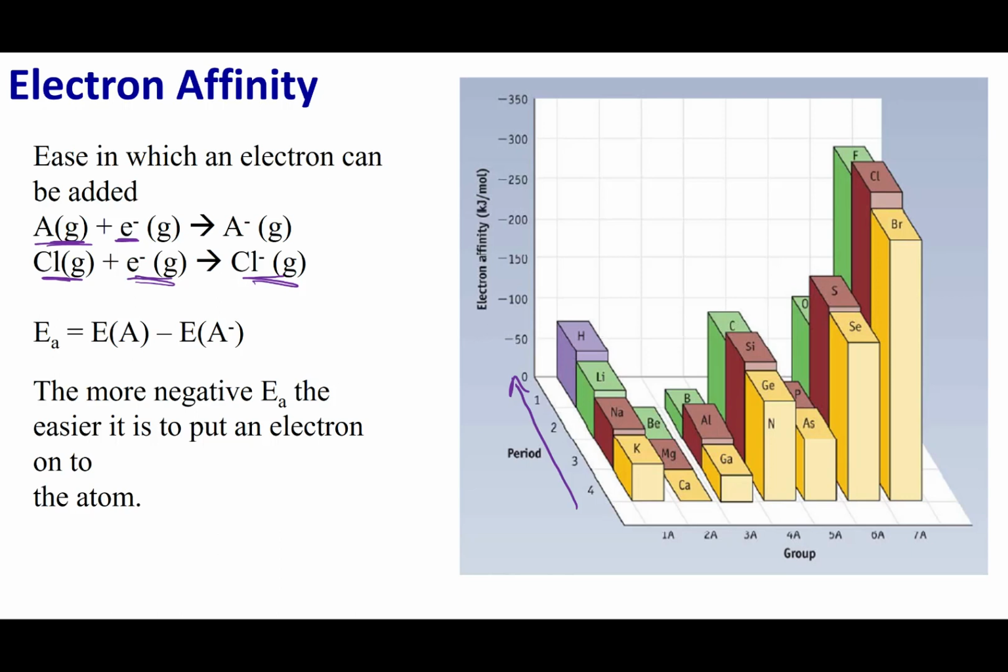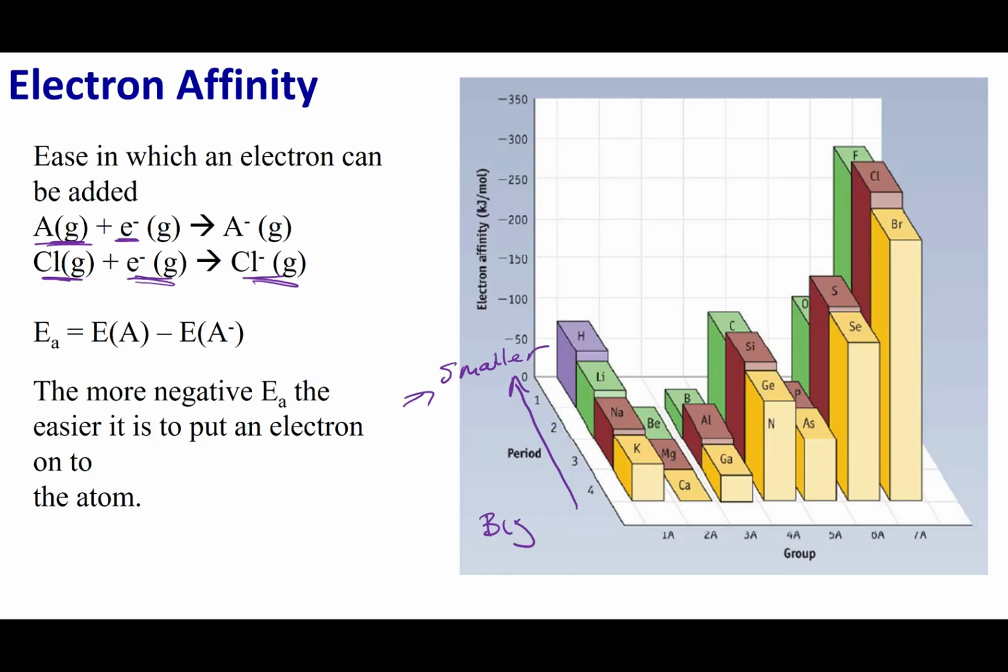The closer that electron gets to that nucleus, the more energy it's going to release. And again, as I go up the periodic table, these are my smaller elements compared to the big ones right here, so the electron can get much closer.